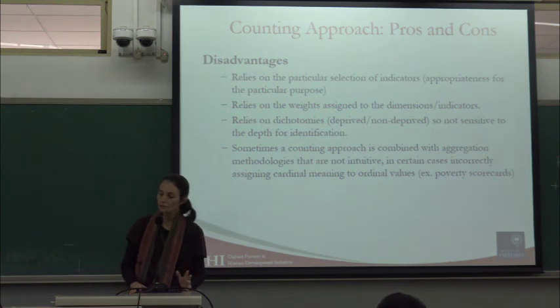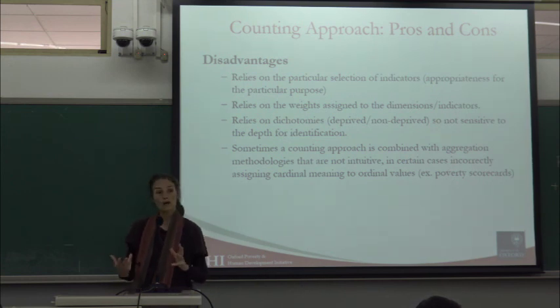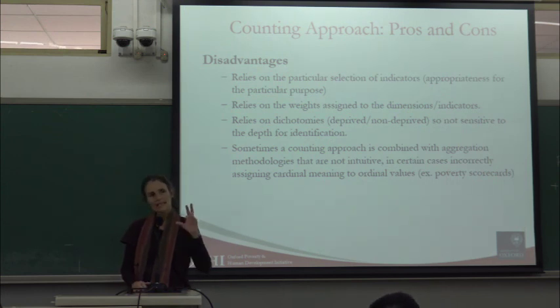The disadvantage, of course, is that a counting measure is only as good as the indicators it includes. That's why we'll spend tomorrow trying to think about what indicators to include. It also requires weights to add up to an overall aggregate. I don't think that's a disadvantage. I'm not sure why we put it there, but it is a feature. It does dichotomize.